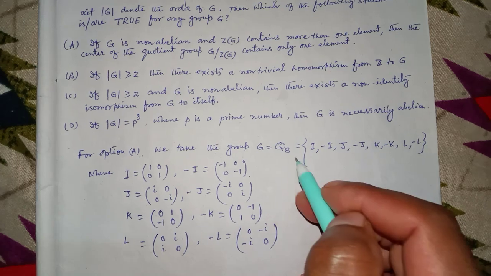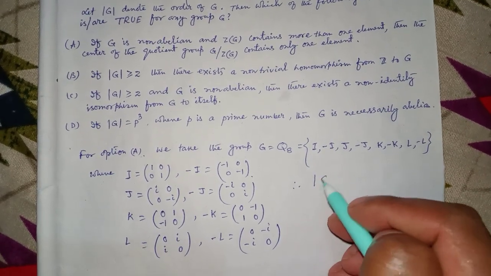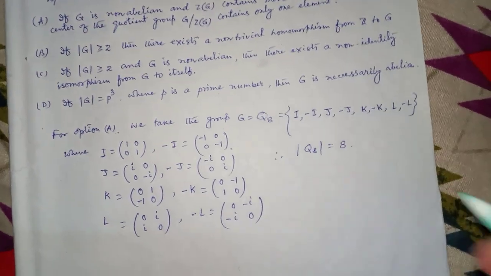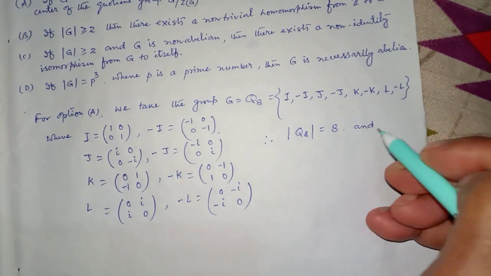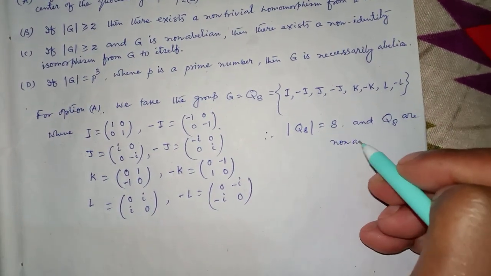These are the elements of the group Q8. So the order of Q8 is equal to 8, and Q8 is a non-abelian group.